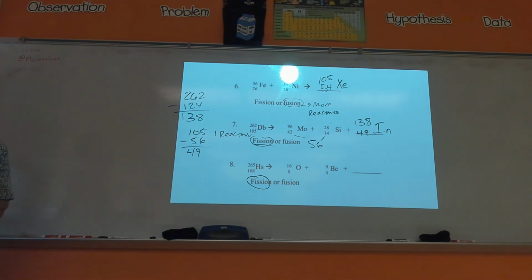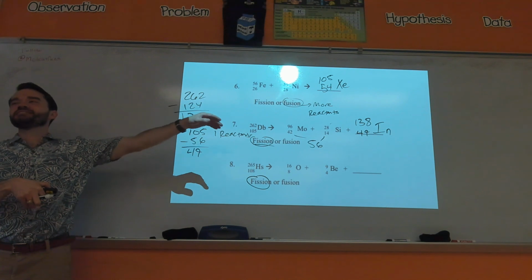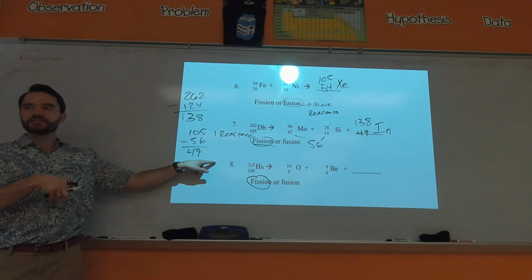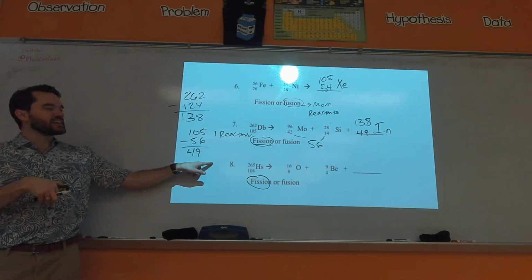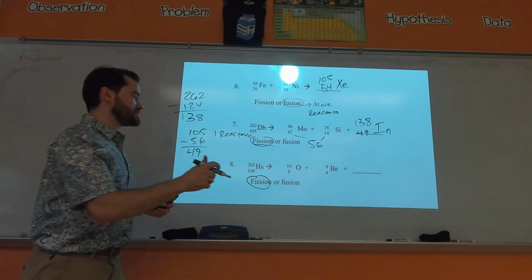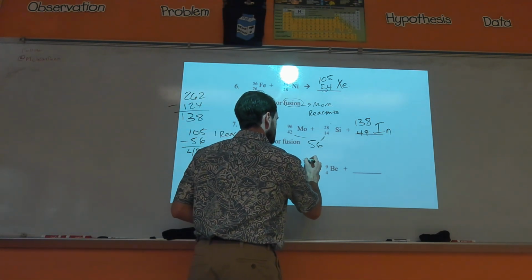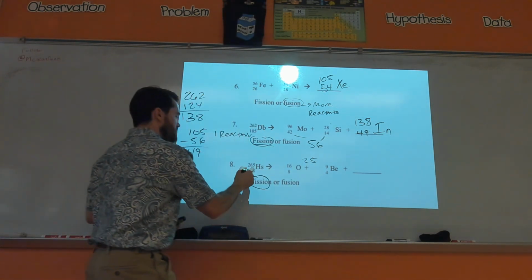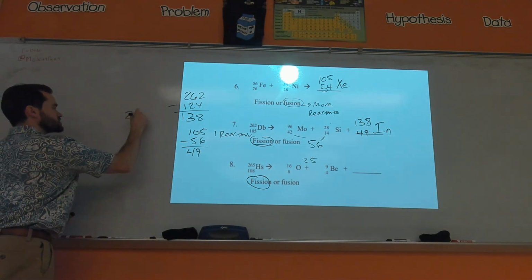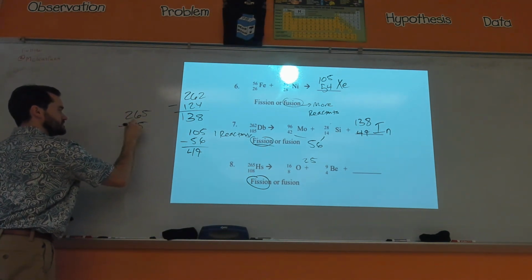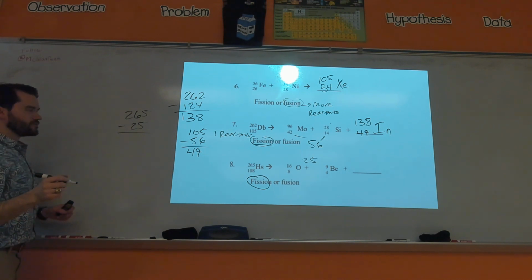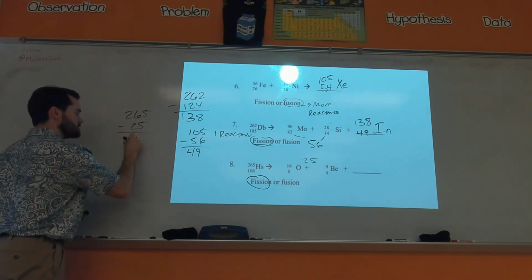Okay. Anyways, last one here. So left side's got to equal the right side. 265 is your mass number. So 16 plus 9 is 25. Okay? So then 265 minus 25 is 240. Okay?